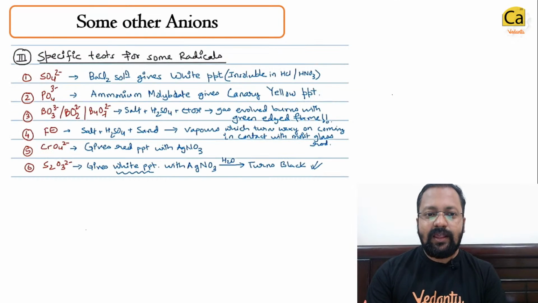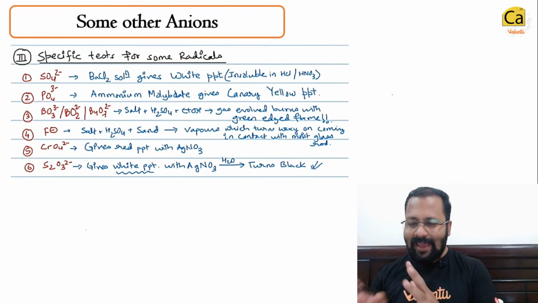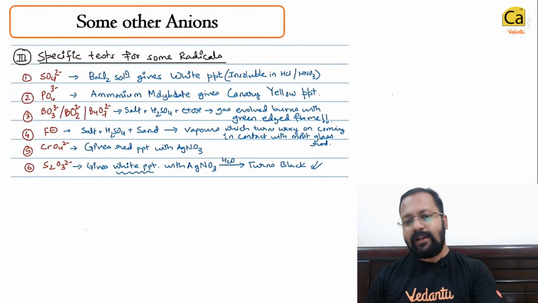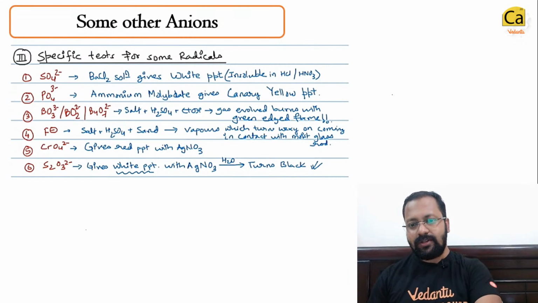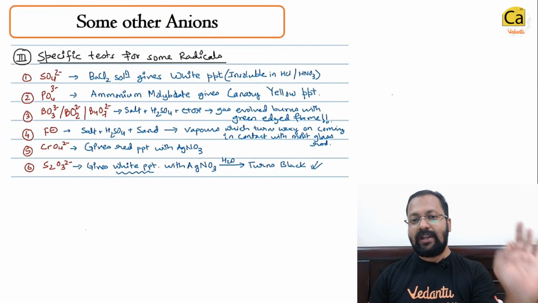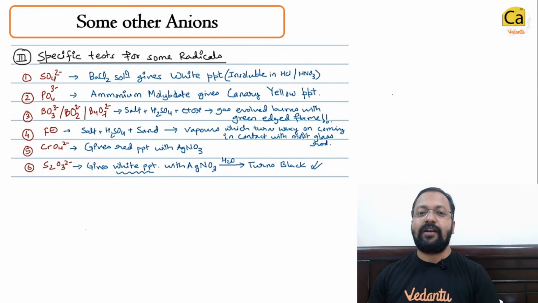Clear? Now there are certain other anions whose detection is not made using dilute acid or concentrated acid.